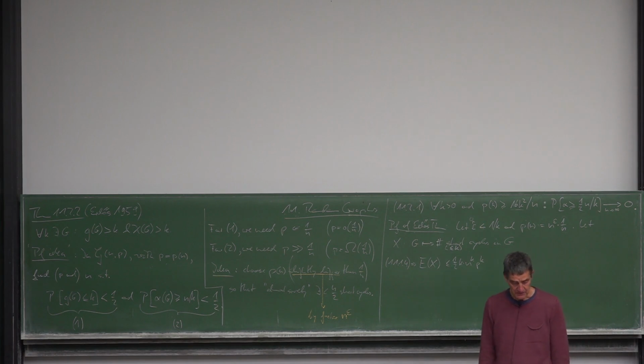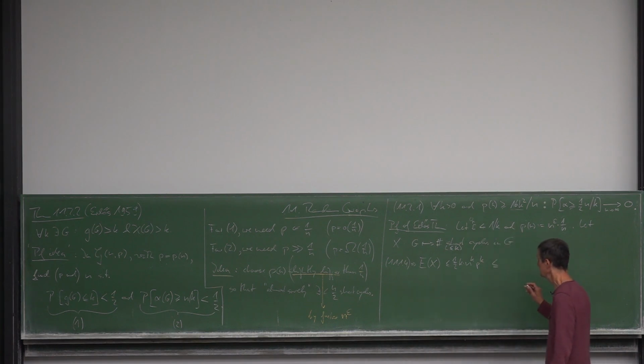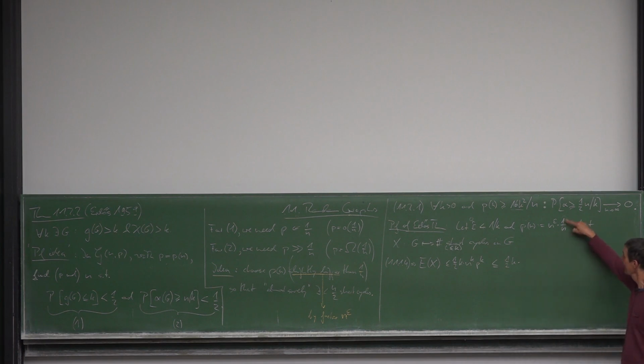Okay, so by our foresight of choosing p well, let me just copy the half k here. What is n times p? Well, n times p is n to the epsilon, right?